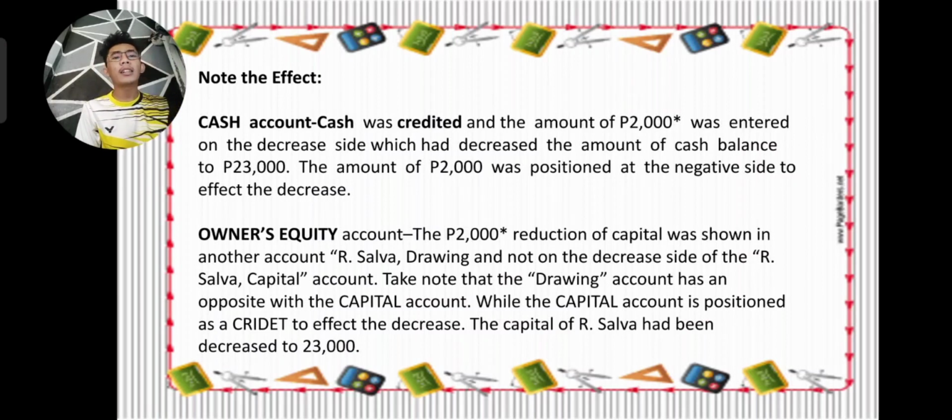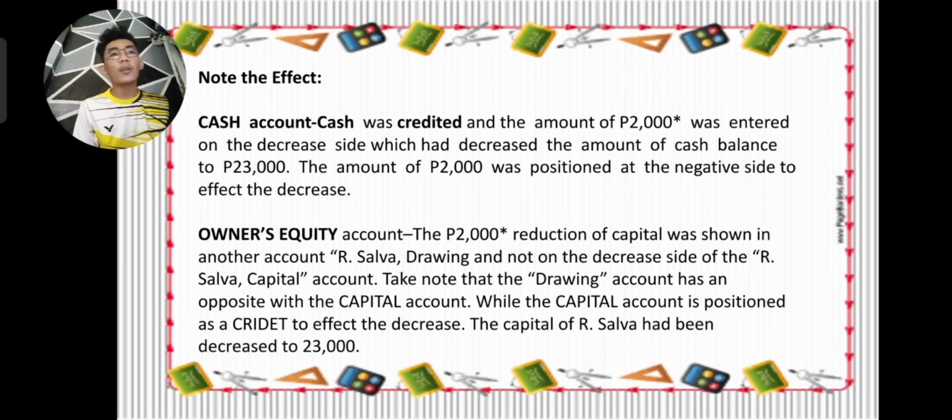It was reduced by 2,000 from the 25,000 total invested by R. Salva, so only 23,000 is left. The amount of 2,000 was positioned at the negative side to effect the decrease.